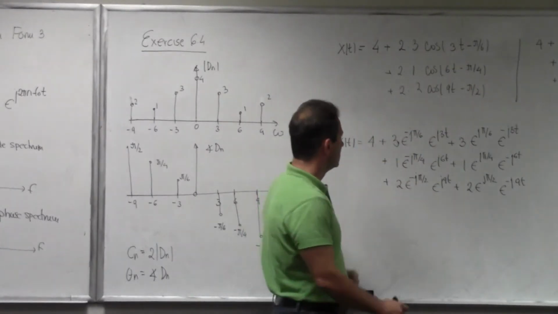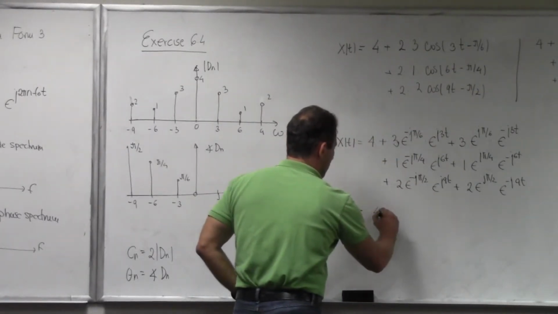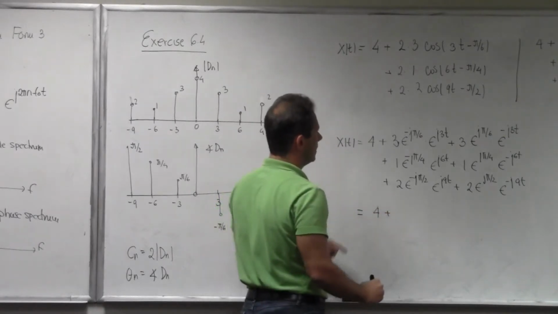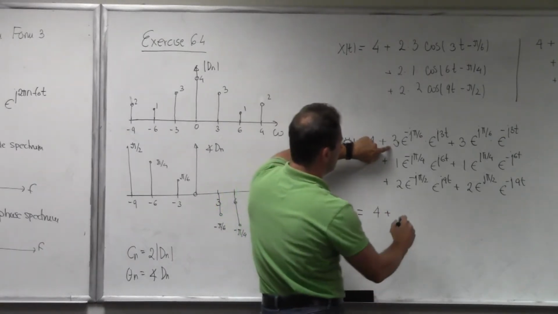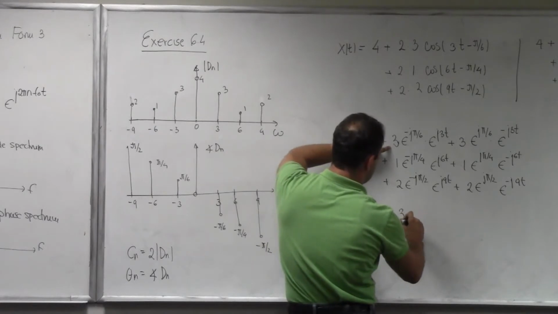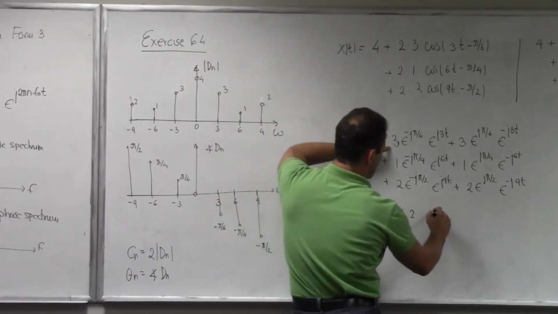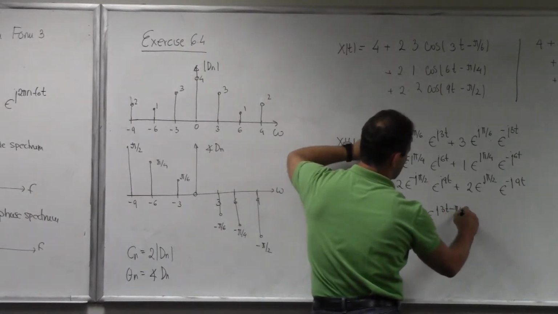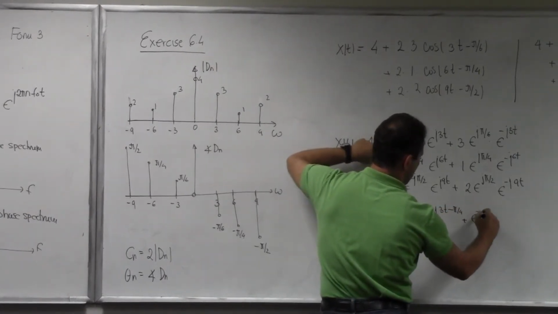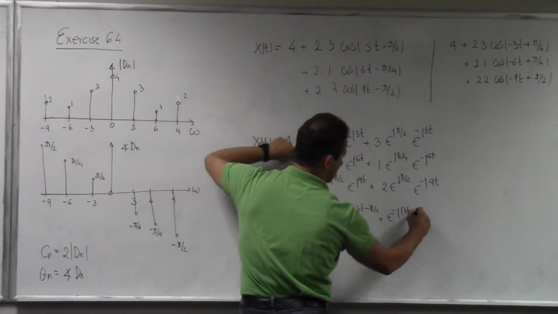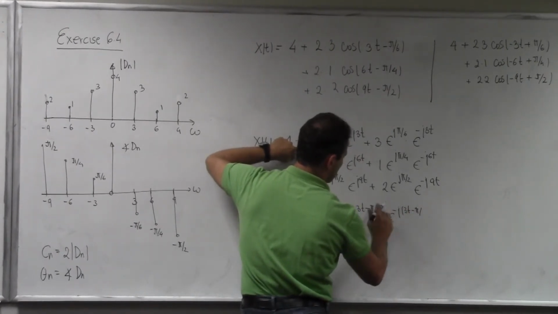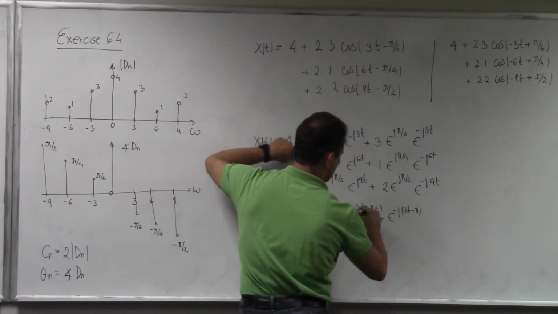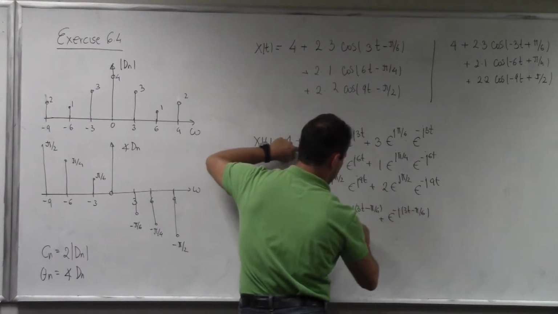Right? Another way to do this is to say this is 4 plus 3 times 2, and then I'm going to say this is e to the j 3t minus pi over 6 plus e to the minus j 3t minus pi over 6, divided by 2.